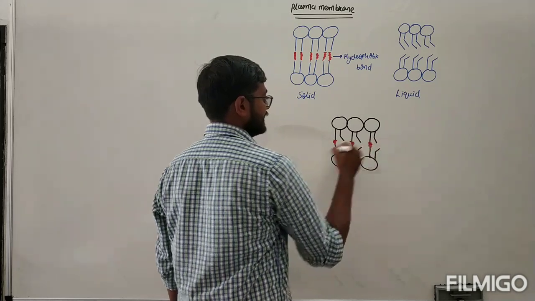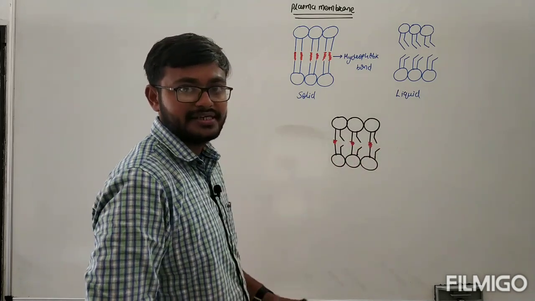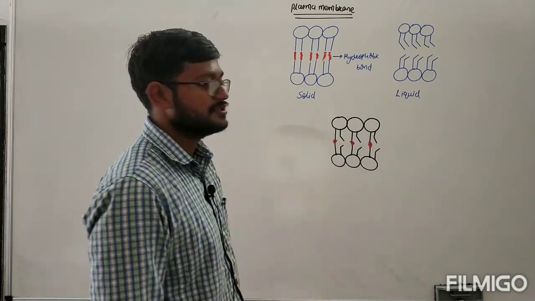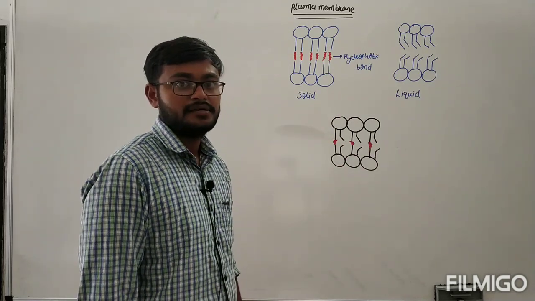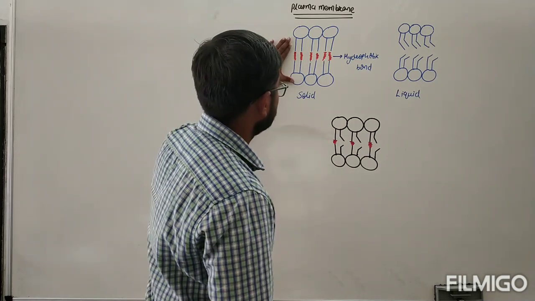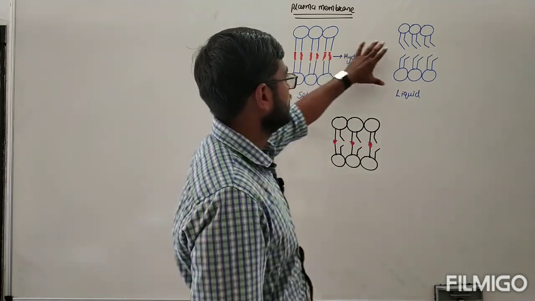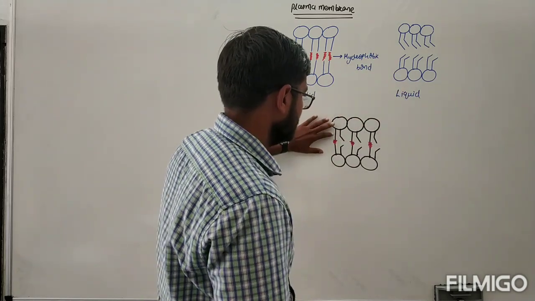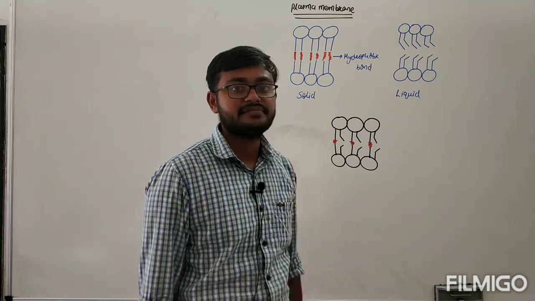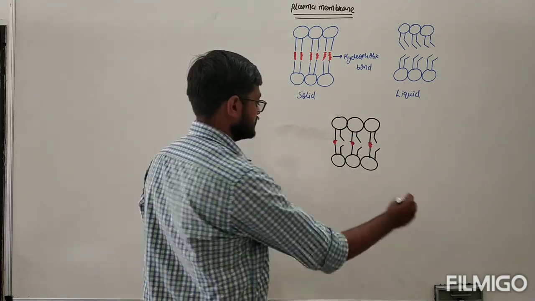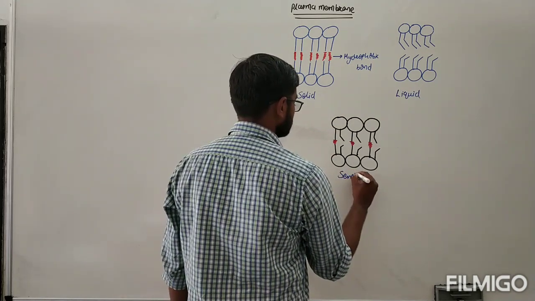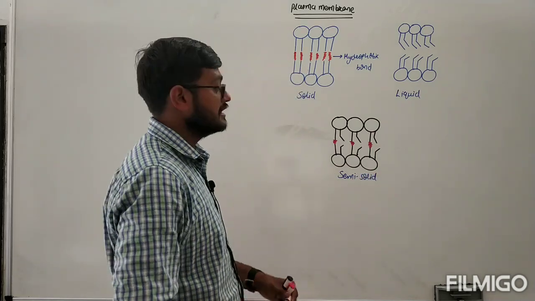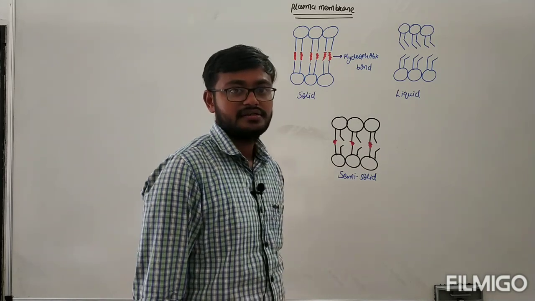Between the saturated fatty acids bond formation takes place, but between the unsaturated fatty acids it does not. So when completely saturated it gives solid, when completely unsaturated it gives liquid, and when one is saturated and one is unsaturated, which state does it give? It gives a semi-solid state. They are completely semi-solid in nature.